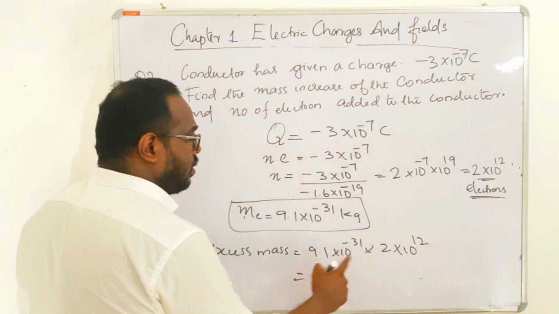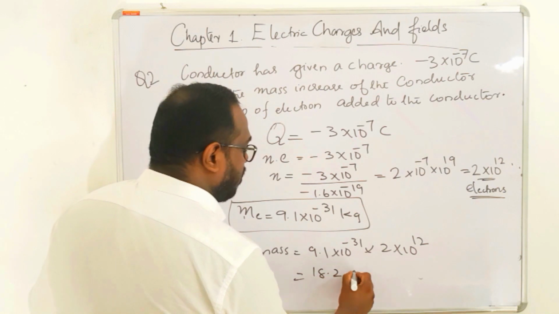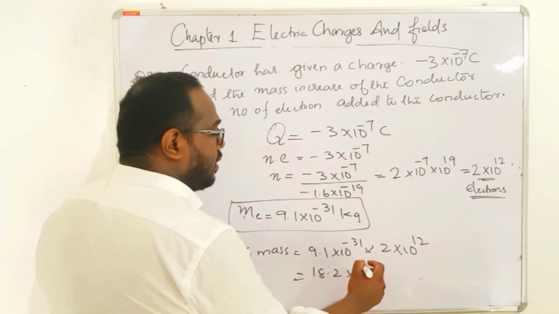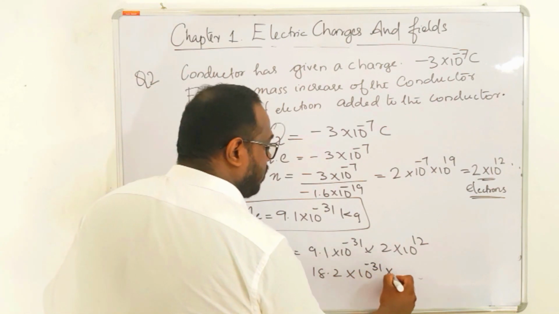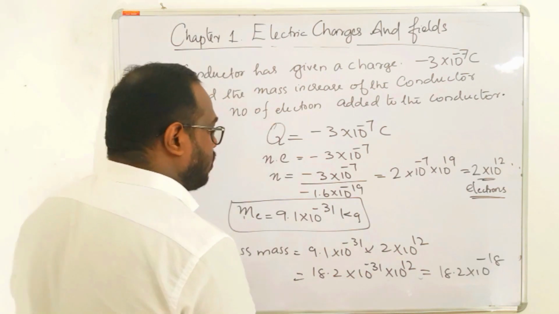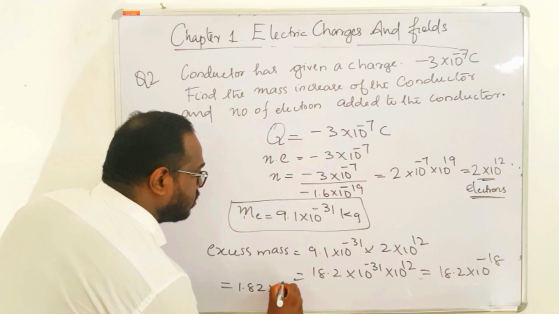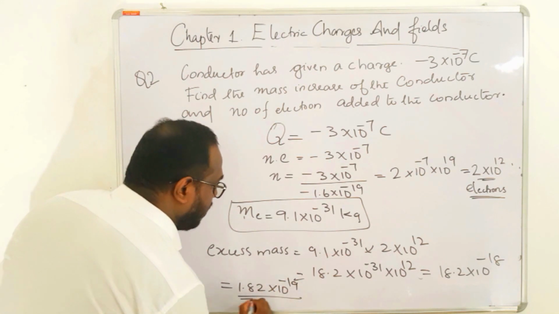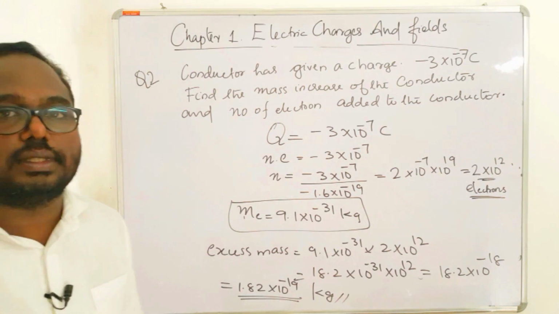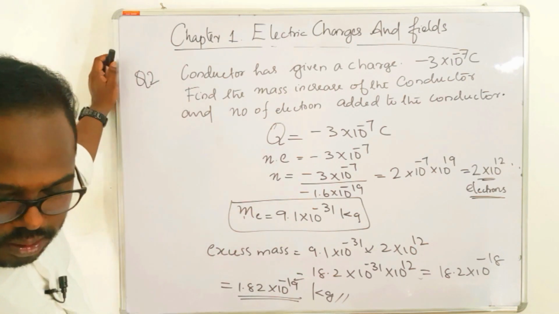That will be 2 into 9.1, 18.2, into 10 raised to minus 31 into 10 raised to 12. So you can write it as 1.82 into 10 raised to minus 18 kg, the excess mass given to the conductor. Clear? You can note this.